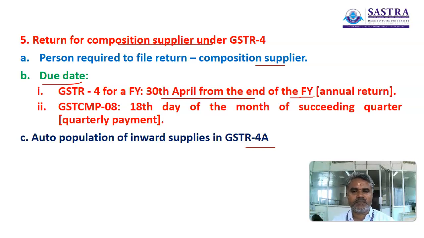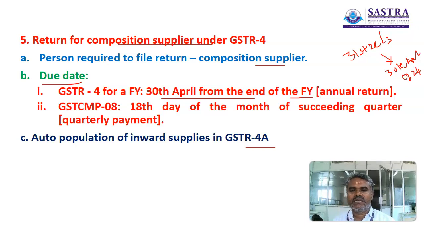So this is 30th April from the end of the financial year. Take for example, your end of the financial year is 31st December '23. So you have to file GSTR 4 on 30th April of '24. That is the due date.